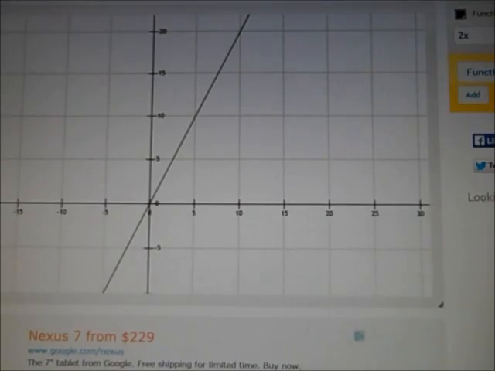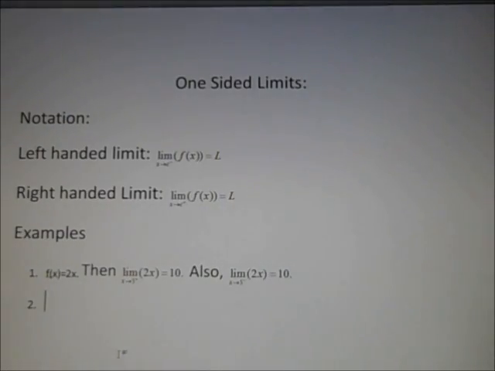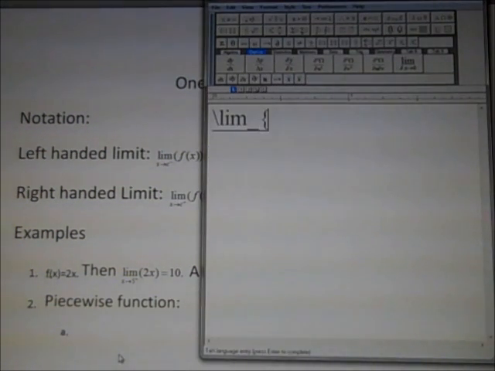Now let's go to this piecewise function that I have. A piecewise function is where I define two different parts, so you can see the two different pieces here. I have my first piece and I have my second piece. Let's talk about the limit as x approaches 2 from the right. So the second example is my piecewise function. Let's first look at the limit as x approaches 2 from the right of f of x.